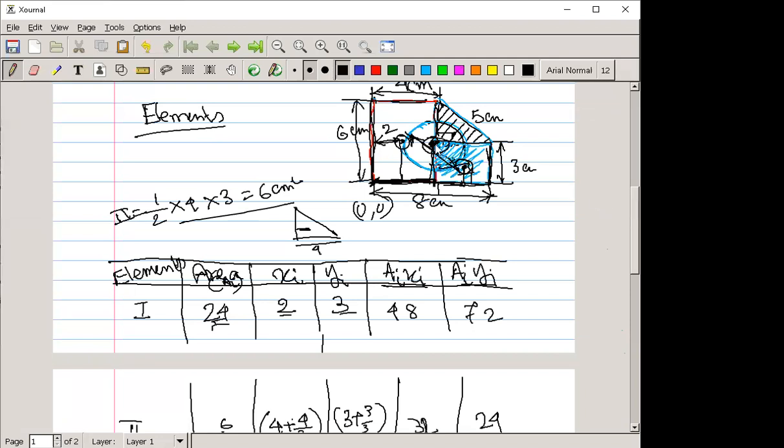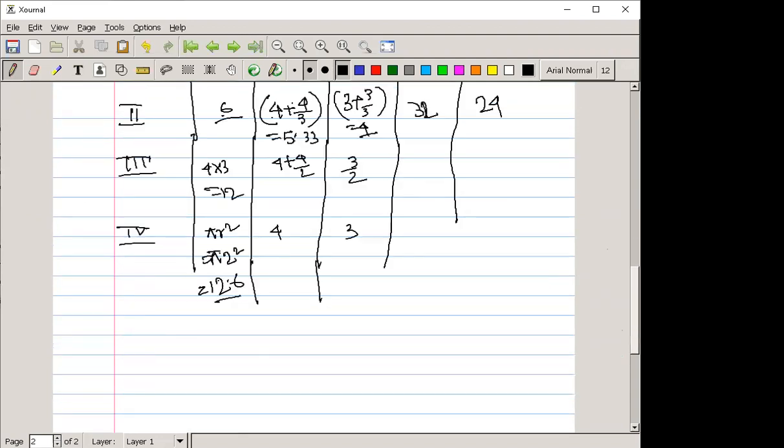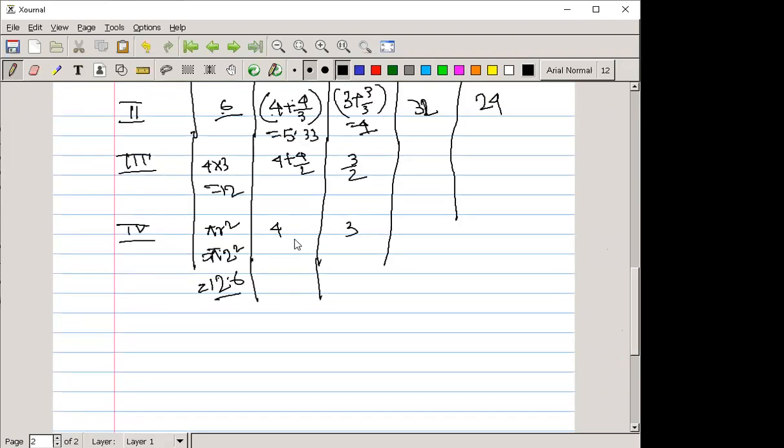Sorry, for part 4 the xi yi is 4 and 3. So if it is 4 and 3, so how much? 12.6 into 4, this is nothing but 50 point something, na, and 3, this is approx 38, right? And this is approx 50.